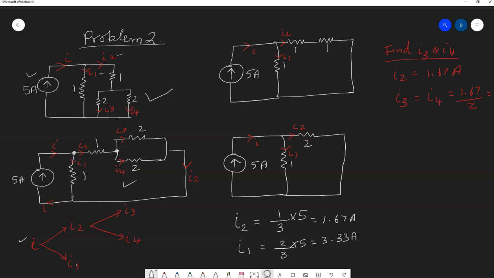Now again, there is a dependency logic here. If you want to find the value of I3, you must know the value of I2. To find the value of I2, you must know the value of I, which is given to you. The only thing you know so far is the value of I, which is 5 amps.